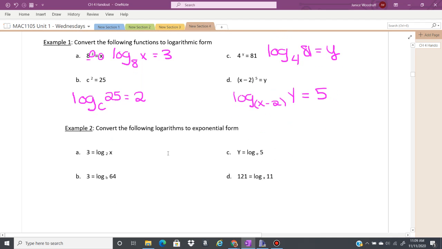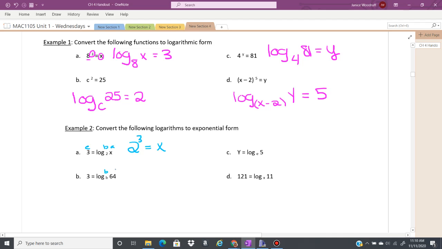Example 2, we have logarithmic, and then we're going to write as exponential. So this is just on the other side. Your base is 2, your answer is x, and your exponent is 3.